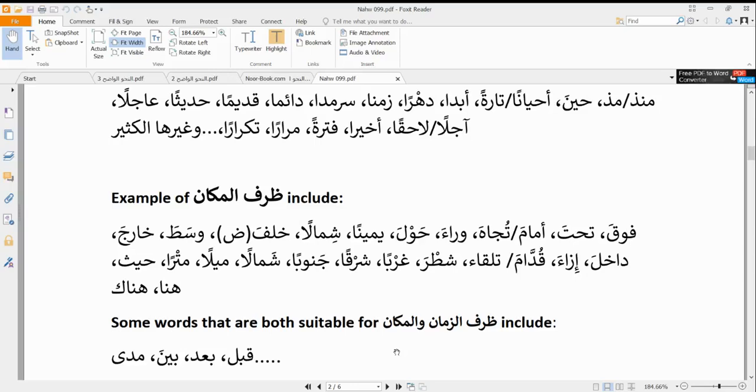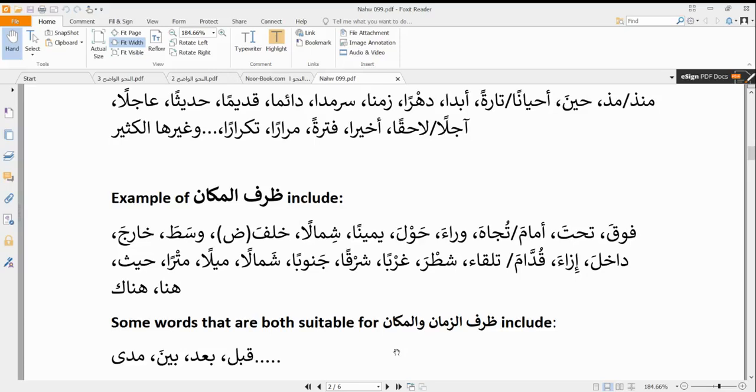Shatro means like the length of something. So shatra is a measure of length. Gorban, west. Sharqan, east. Januban, south. Shamalan, north. Milan, a mile. Mitron, a meter.